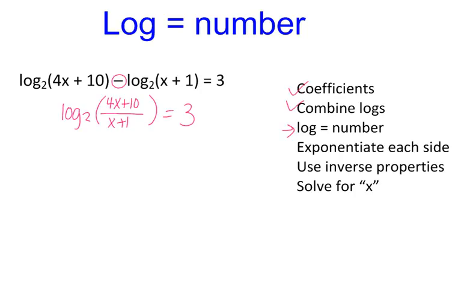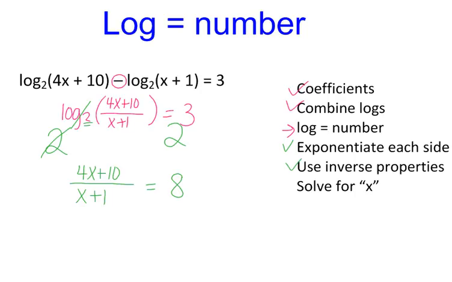Again, what do we have to do in that case? Exponentiate, use the inverse property. Again, I have log base 2, so I cancel that with exponentiating in base 2 on both sides of my equation. Because of my inverse property, things cancel, we're left with 4x plus 10 over x plus 1 equals 2 cubed, or in other words, 8.